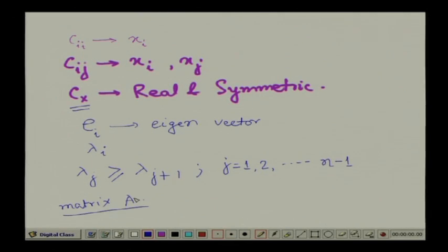So, we form matrix A from this set of eigenvectors, and this matrix A is formed in such a way that the first row of matrix A is the eigenvector corresponding to the largest eigenvalue, and similarly the last row of this matrix A is the eigenvector which corresponds to the smallest eigenvalue of the covariance matrix C x.